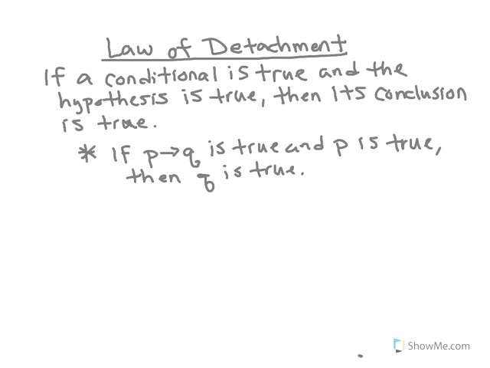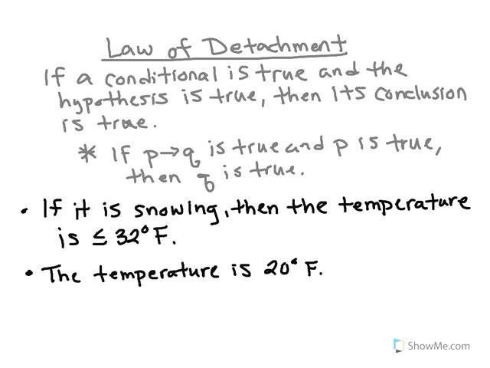So, let's take a look at a specific example and see if we can use this adequately. Here's some information. You will always be given a conditional statement and then another statement right after it. The first statement is our conditional statement, which we have to determine is true: if it is snowing and the temperature is less than or equal to 32 degrees Fahrenheit. That's a true statement. So we have taken care of the if P then Q is true, and I'm going to check mark this part off.